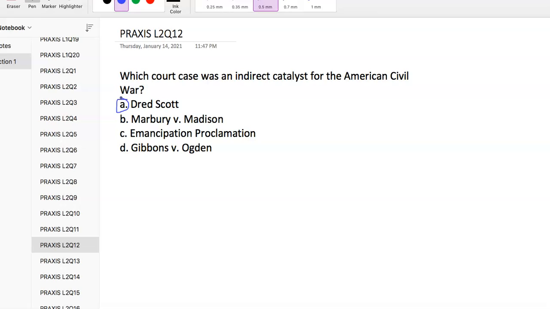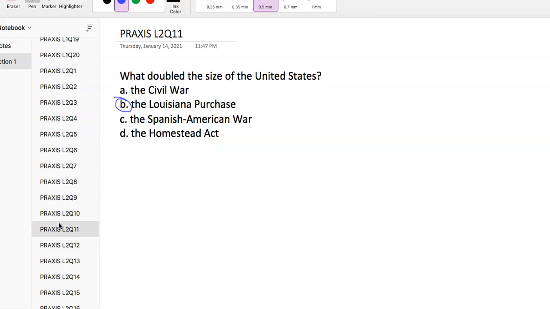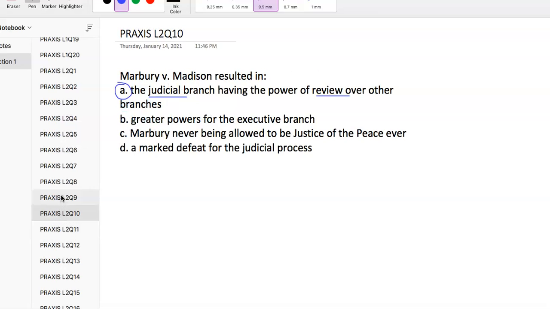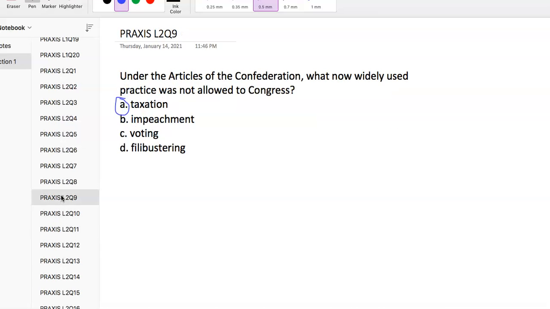Gibbons v. Ogden was concerned with interstate commerce. Okay, in that, as we go back to what, question 9? Articles of Confederation, right? So interstate commerce is another issue within the Articles of Confederation.